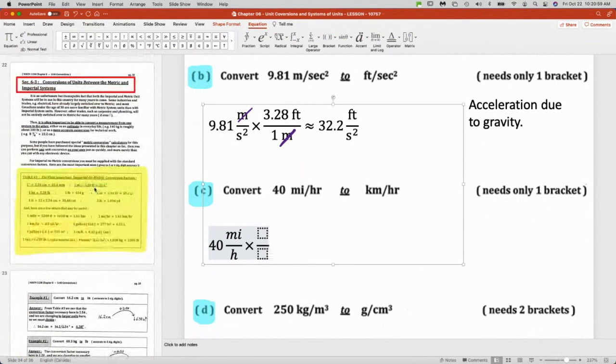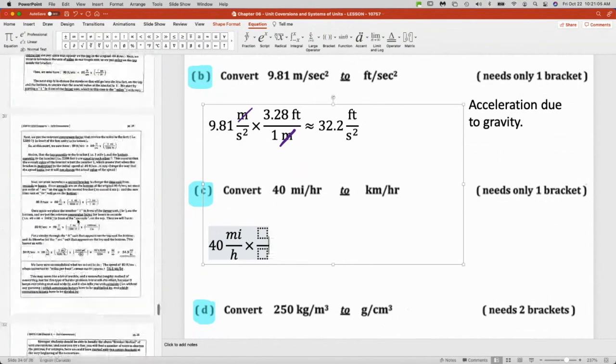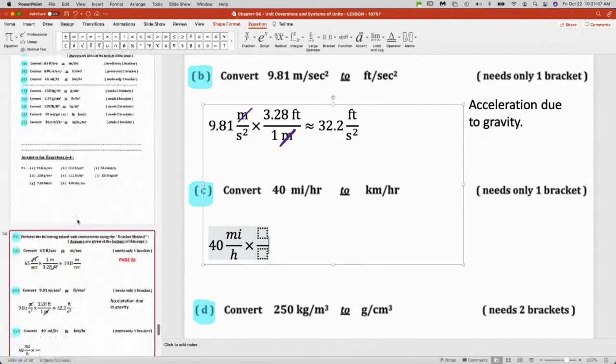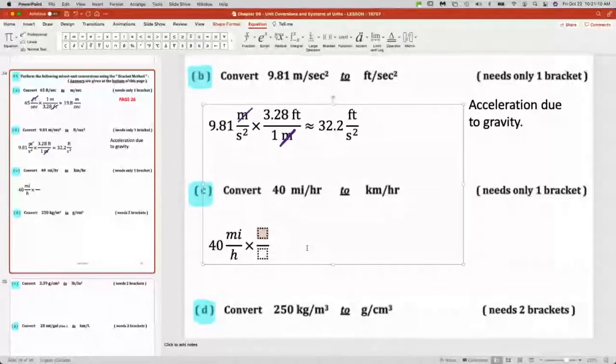I have it as 1.60, but they might have it as 1.61. I'm just checking the sheet here. So I just checked the sheet, and it's 1.61. Oops, wrong place. 1 mile is worth 1.61 kilometers.